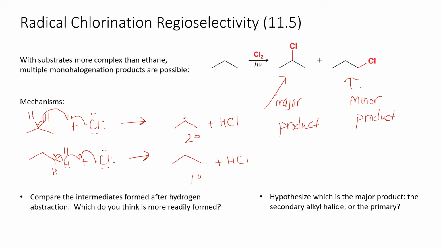Tertiary is more stable than secondary, which is more stable than primary, which is more stable than methyl. And so also remember that allylic is more stable than tertiary. And in the case of benzylic, it's more stable than allylic. So when we're looking at complex structures, always remember the stability. So that will determine the major product.